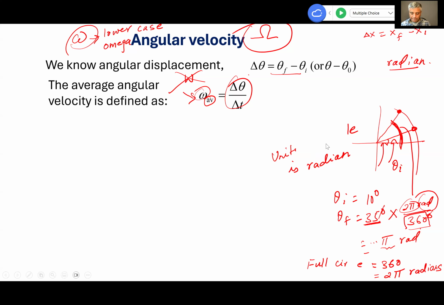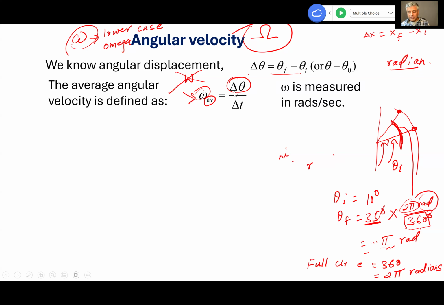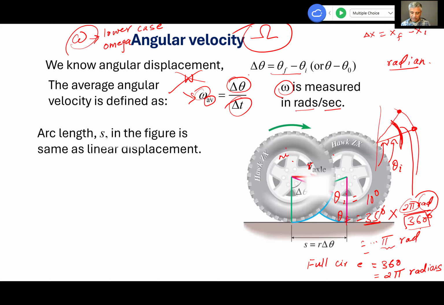Okay, so its unit is going to be radian. The unit of this is radian, divided by time, which is seconds. So it's going to be radians per second. So that's the unit of angular speed or average angular speed. Okay. So when the time interval is very small, then the average becomes instantaneous at that moment, right? So basically the unit is still the same.